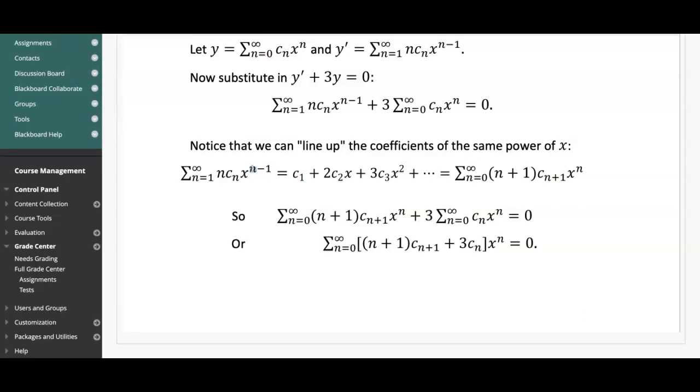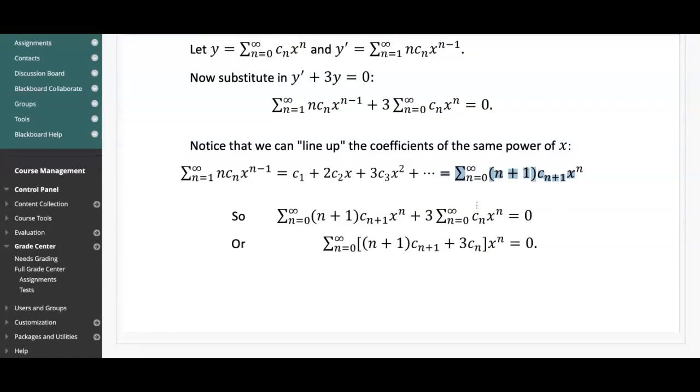Because in this case, n starts at 1, and 1 minus 1 is 0. But here, we're starting from 0, so this is x raised to n. So we re-index the differentiated series, y prime.